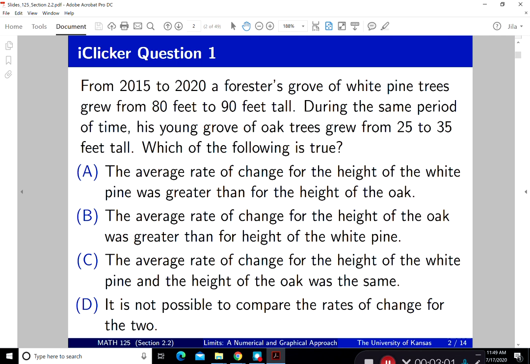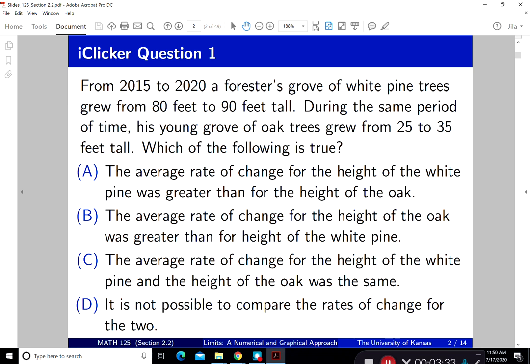I click on question 1. From 2015 to 2020, Forester's grove of white pine trees grew from 80 feet to 90 feet tall. During the same period of time, his young grove of oak trees grew from 25 to 35 feet tall. Which of the following is true? A. The average rate of change for the height of the white pine was greater than for the height of the oak.